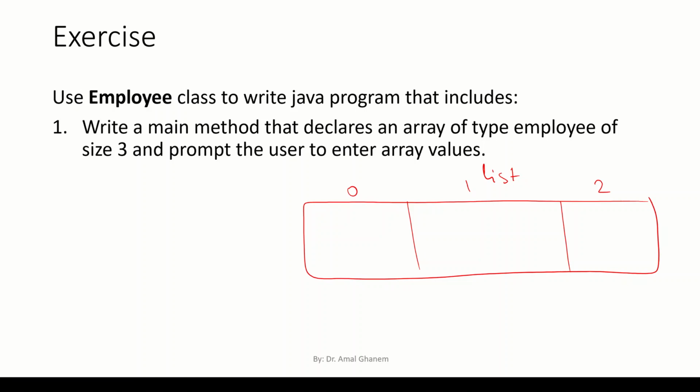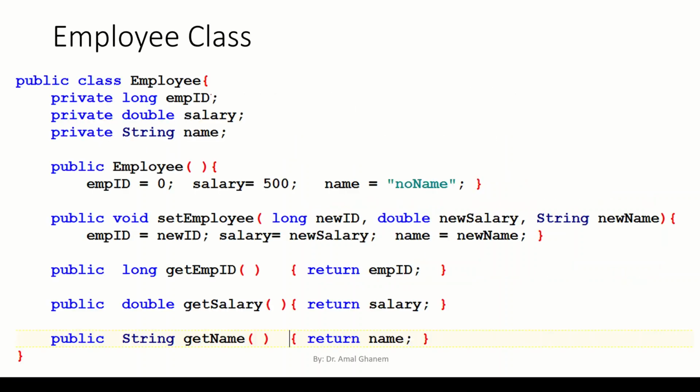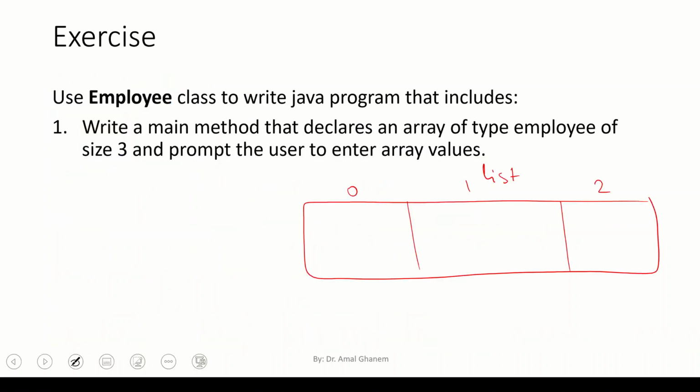So it means each of these should have employee ID, salary, and name. So at each location I should have employee ID, salary, and name, and similarly for location 1 and location 2.